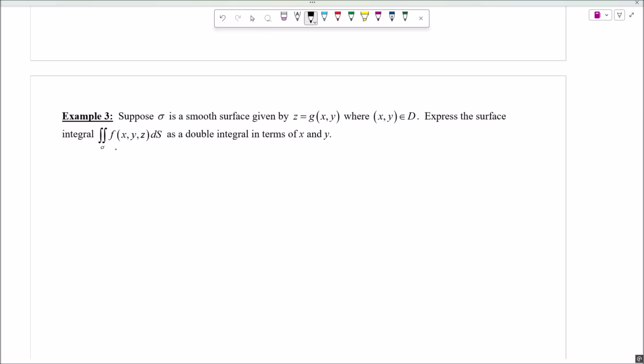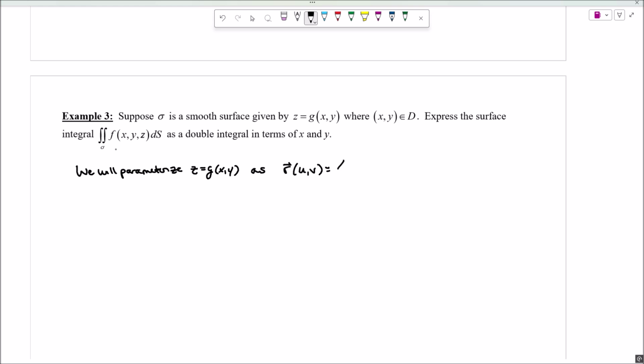You might recall that just like we had done in the previous examples, the first thing that I would need to do in this case is to parameterize my surface. So I'll state here that we will parameterize my z equals g of x y as an r of u v.